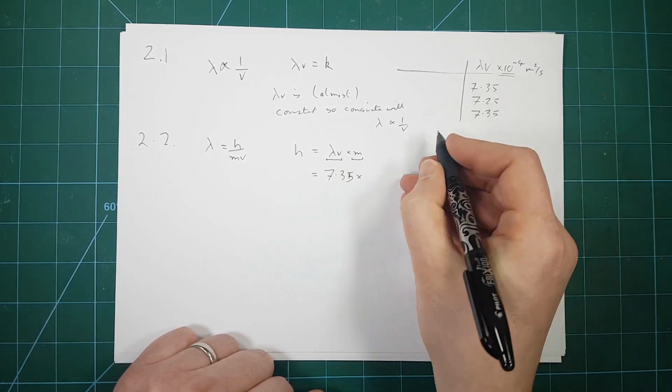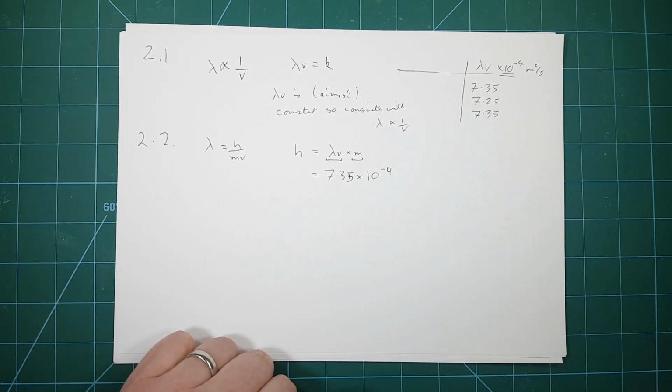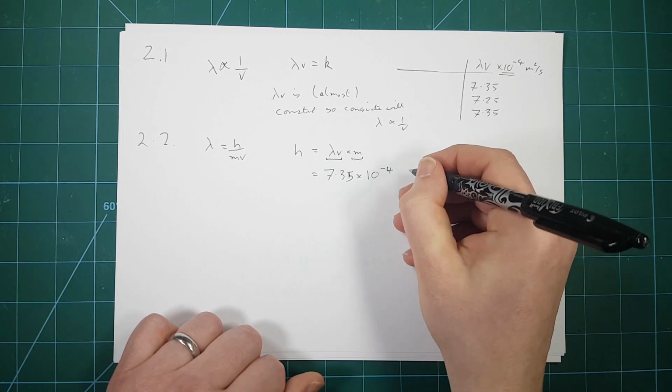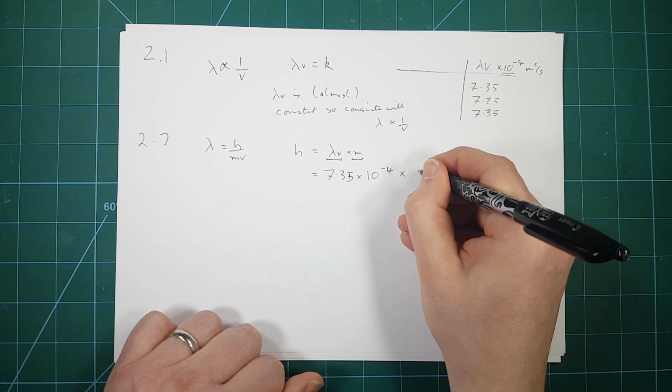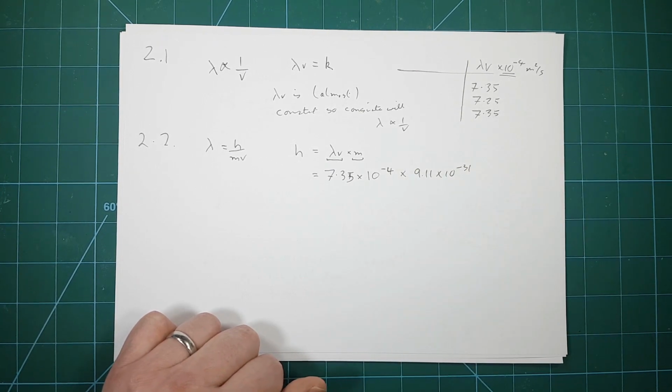Make sure that you get your powers of 10 right, because in the table you've got a times 10 to the 7 and a times 10 to the minus 11. So make sure you get your powers of 10 right. And then times by 9.11 times 10 to the minus 31, which is the mass of an electron.